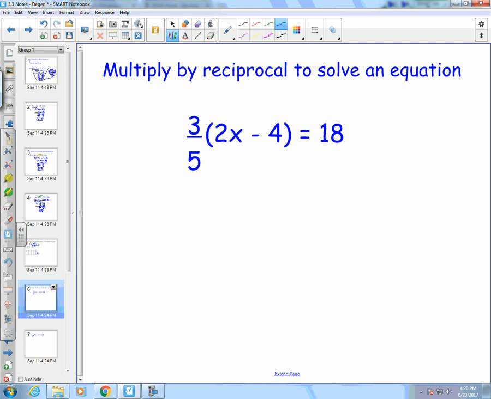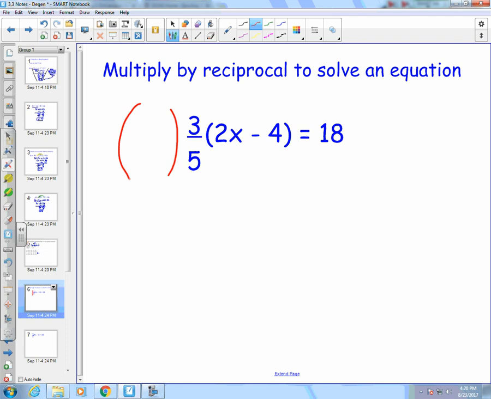We will also get rid of problems that have fractions. I know many of you do not care for fractions. They are your enemy. Well, we can take care of those fractions by multiplying by the reciprocal on both sides. So I have 3/5.